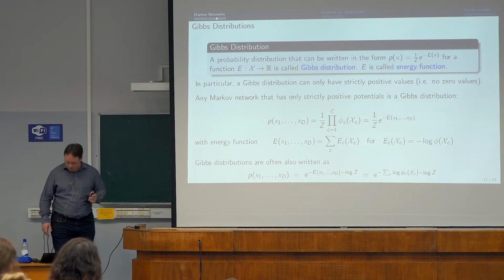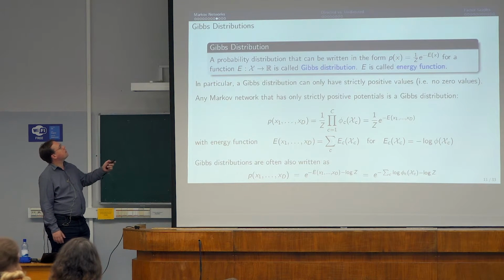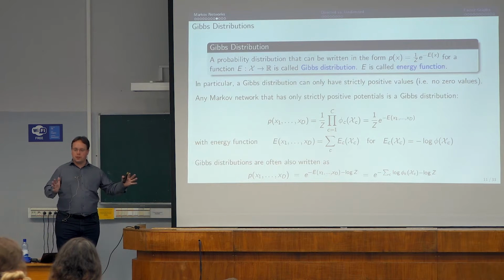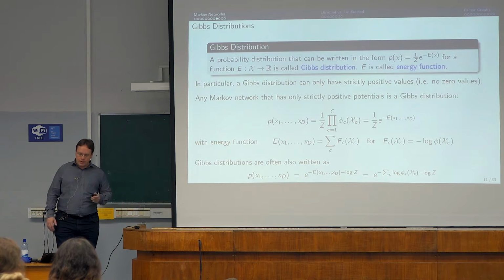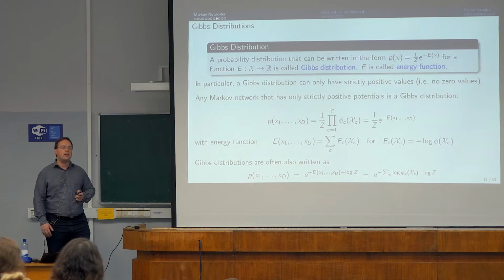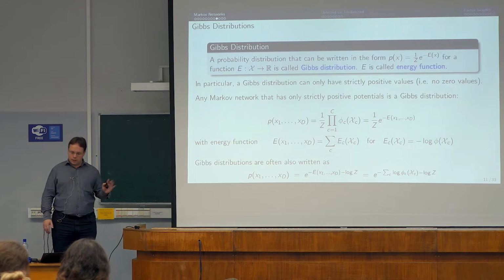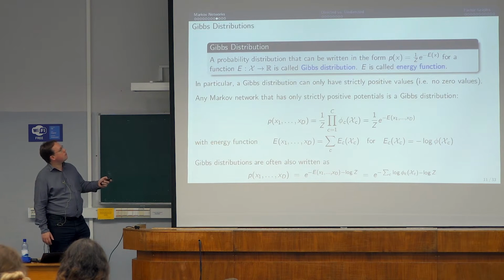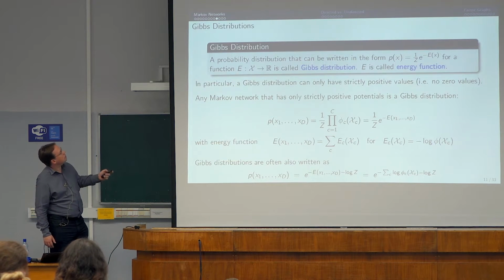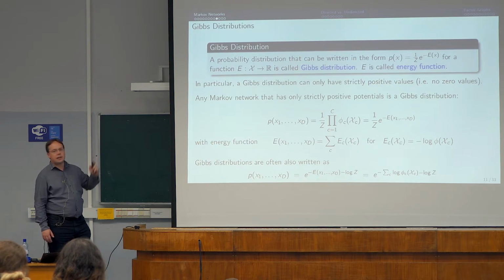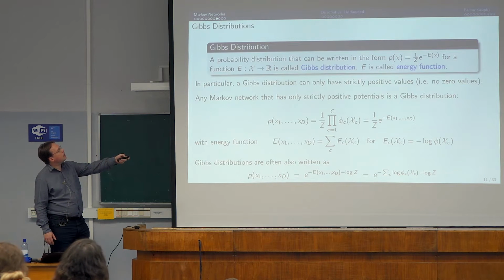Another bit of notation. We looked at this distribution as a product of terms. There's a special kind of these products, and that is when none of the elements is 0, so the product is never 0. If you have a probability distribution like that, it turns out you can write it in the form of the exponential of something.